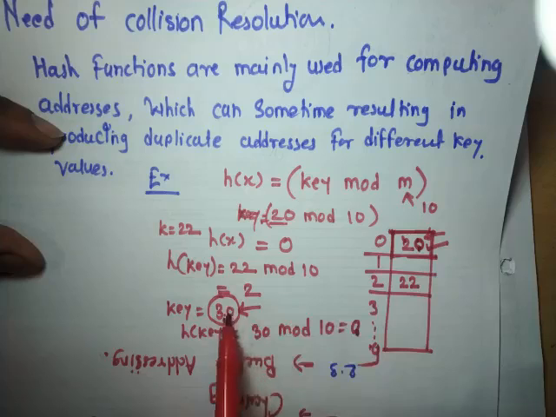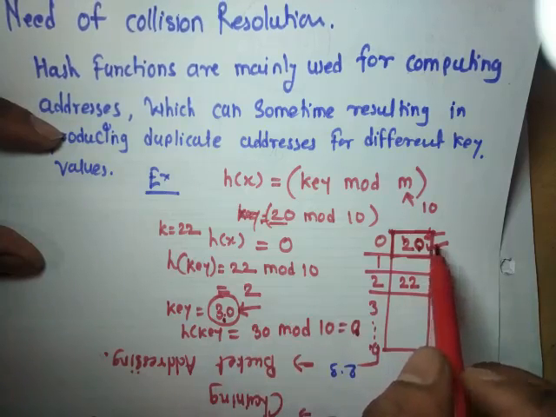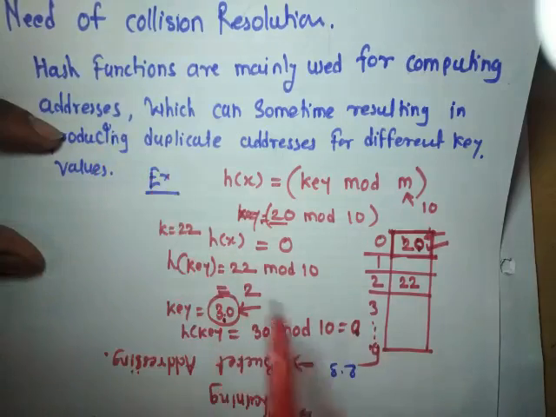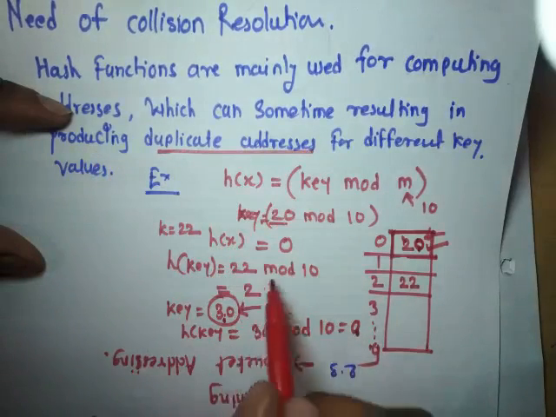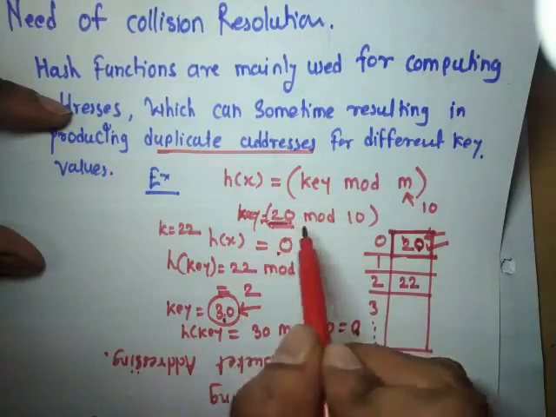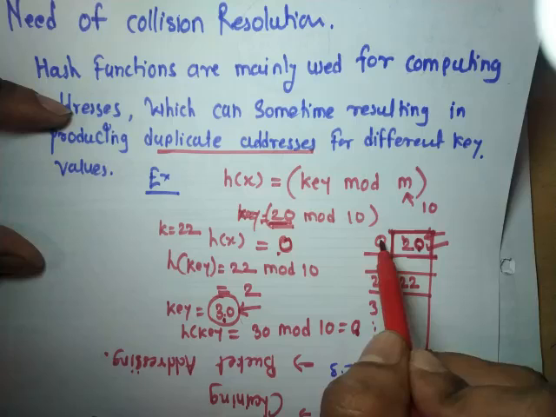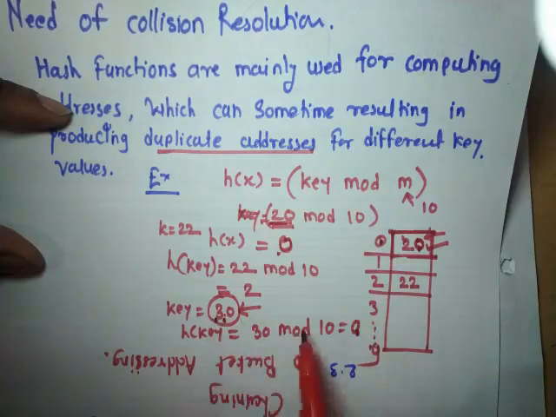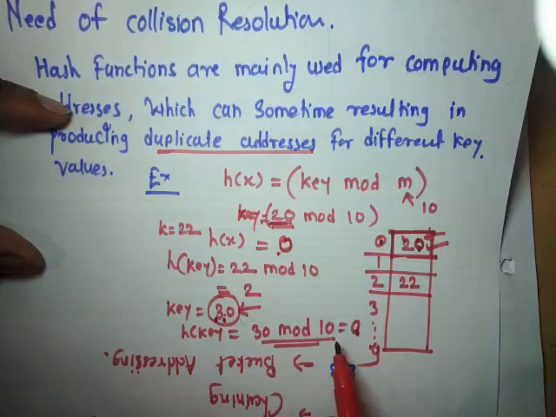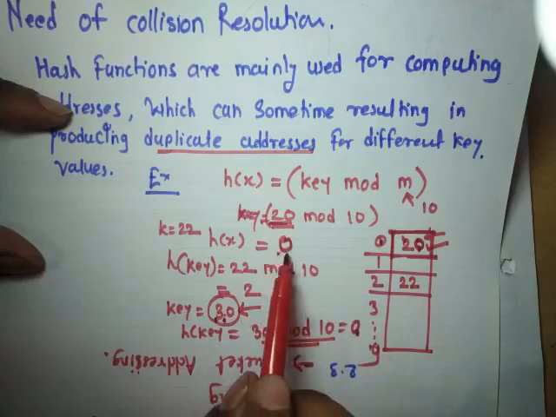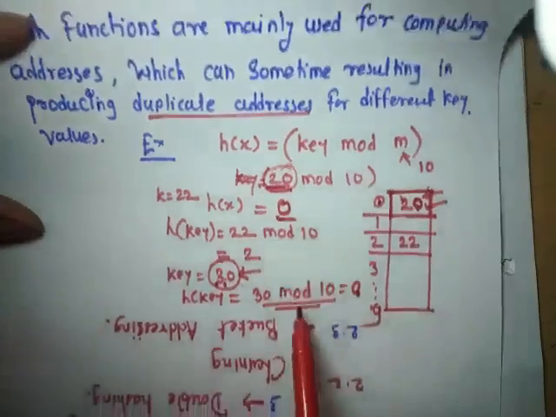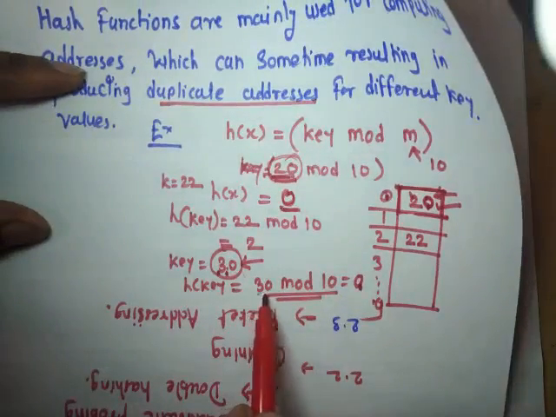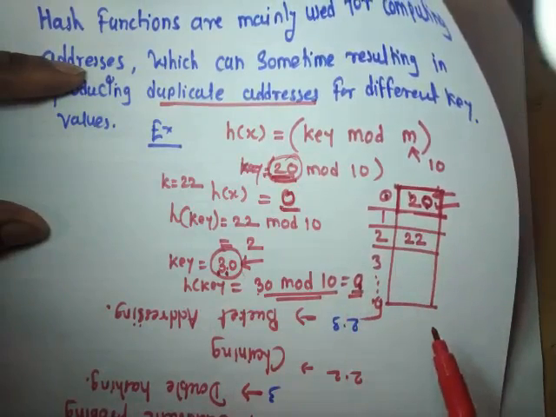So this is why we need collision resolution techniques. In a hashing function, sometimes the result is a duplicate address location. For element 20 we generate index location 0, and for element 30 the hash function also generates index location 0. The hash function generates duplicate address locations for different key values.